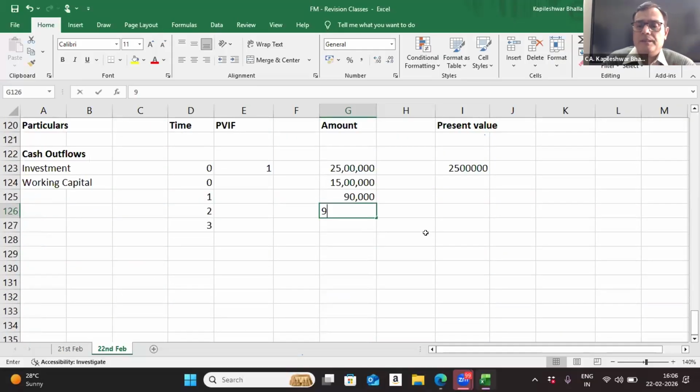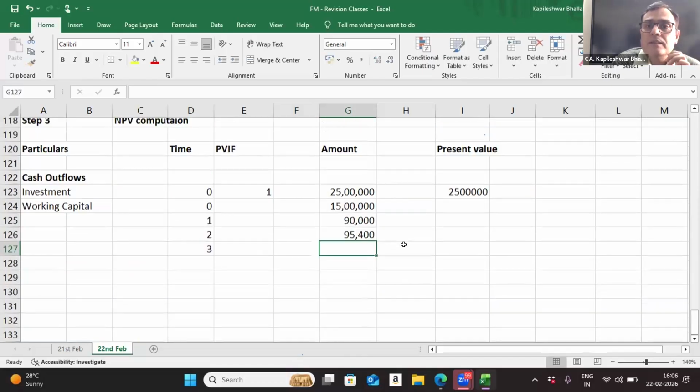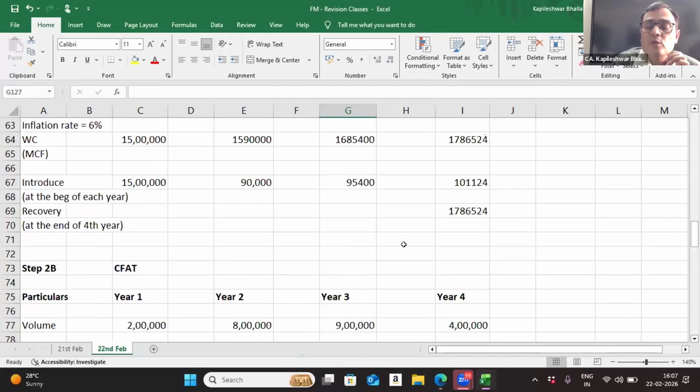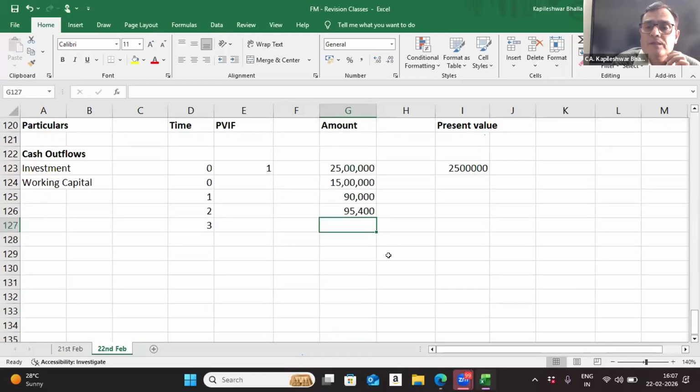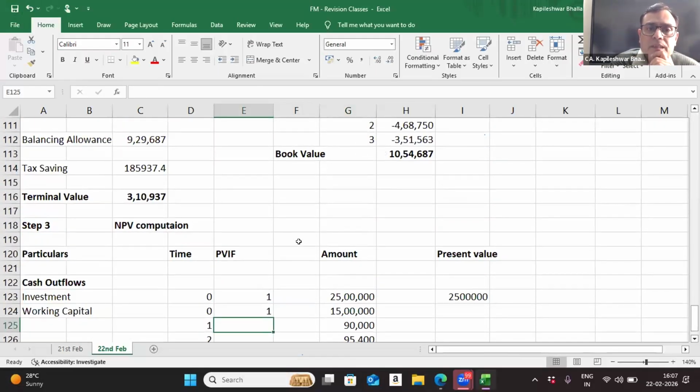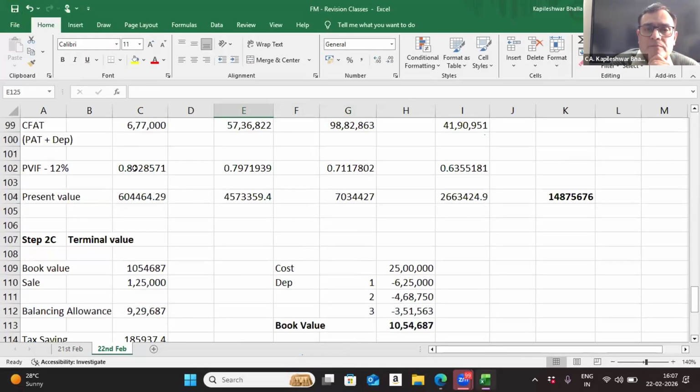And last year, I think it was 101,124. Correct. So this gives me the status of the working capital introduced. Recovery will be taken in the inflows separately. So the P factor at the first point is 1. I think we can take these P factors from above.